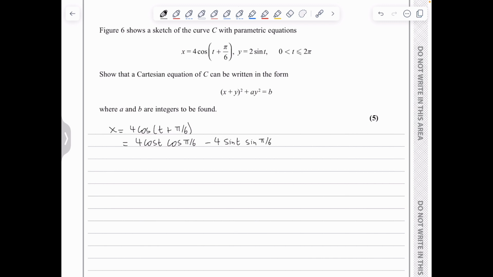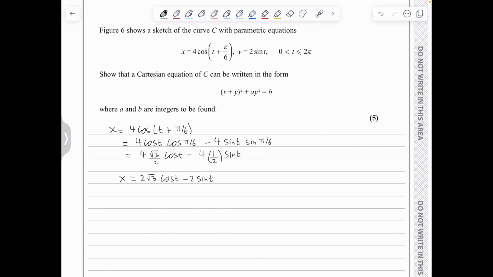Well, we've got that cos of pi over 6 is root 3 over 2, so this is 4 root 3 over 2 times cos t, and the sine of pi over 6 is a half, so 4 times a half sine t, leading to x being 2 root 3 cos t minus 2 sine t.